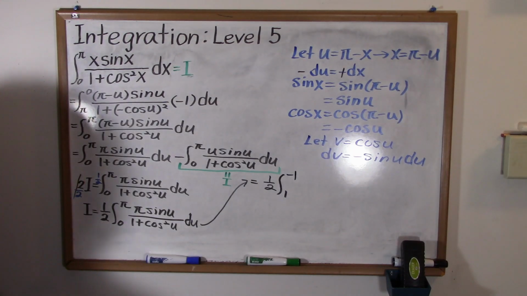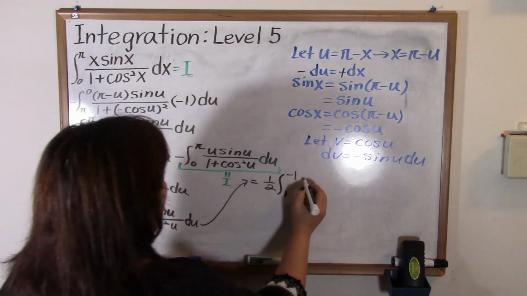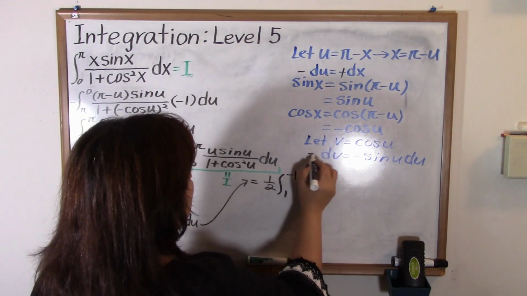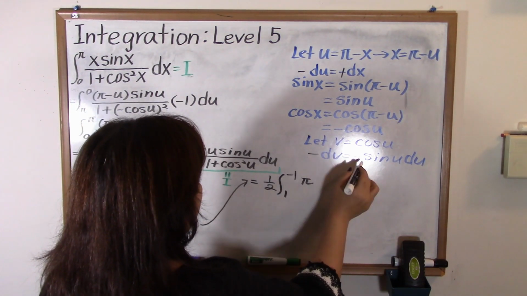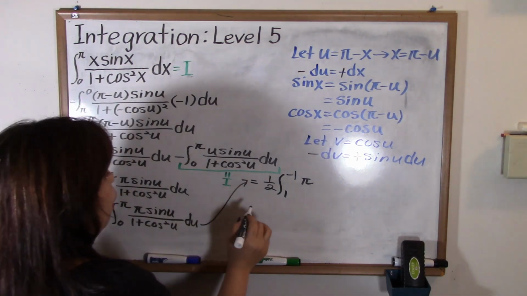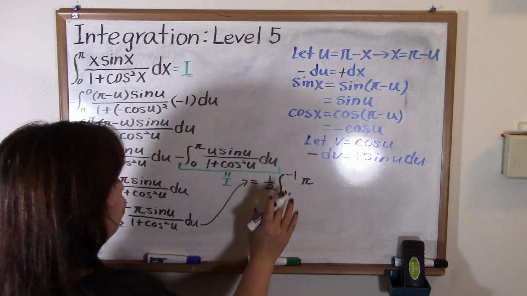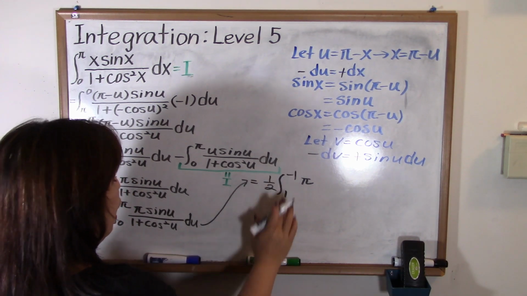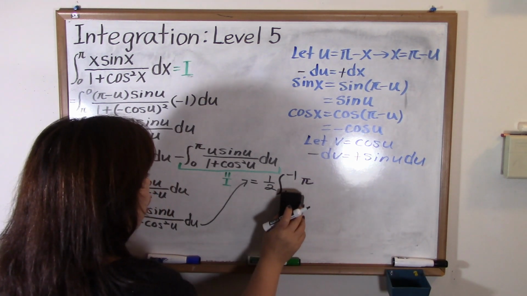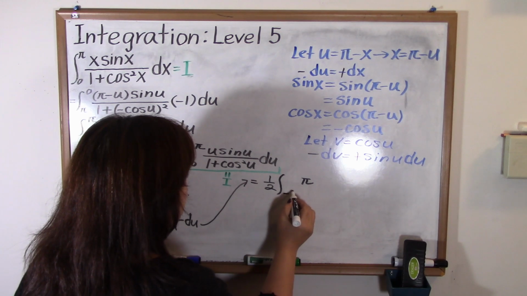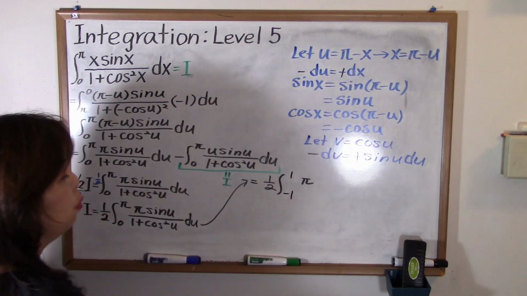Okay? And then, next one. So, pi and then sine u du. We can change the sign here. Negative and positive. Sine u du is negative dv. So negative dv. So we can swap the bounds. So this and this. We can swap negative 1 and 1 from negative 1 and 1.